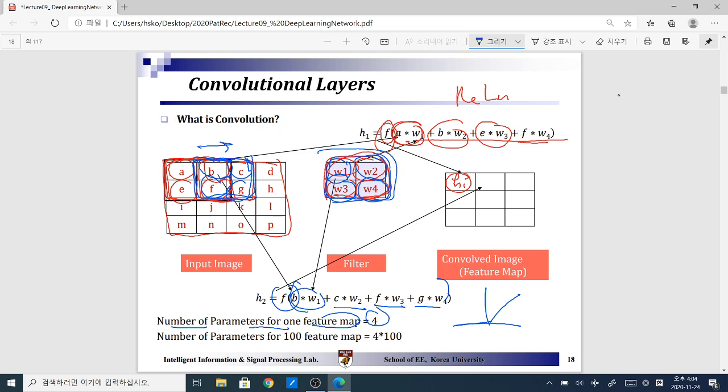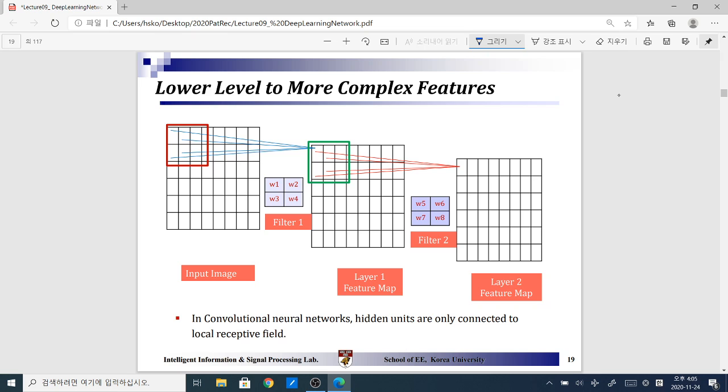And suppose you have, let's say, 100 filters. So you not only have one, but you will have 100 filters. So here's 1, 2, 3, up to 100 filters. You would have 400 parameters for the representation by this convolution process. And then it goes through the second stage.